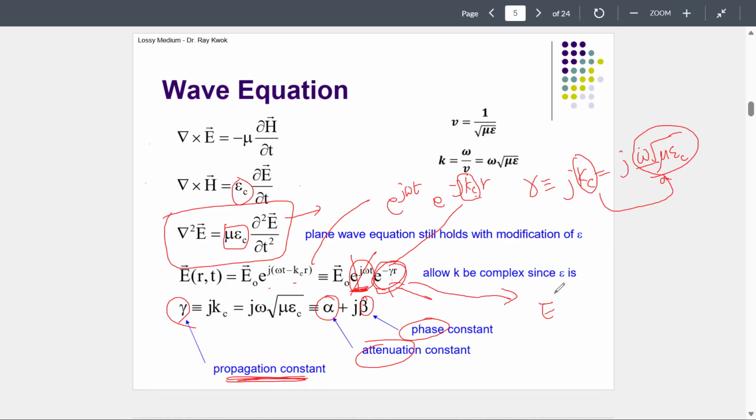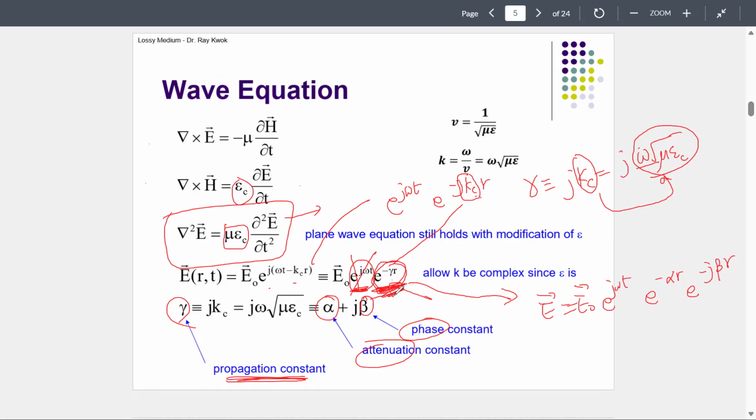So the electric field is equal to an amplitude and an angle and an oscillation part. If I just want to expand this part, now I can write it as e to the minus alpha r, and then e to the minus j beta r. Beta is like k.